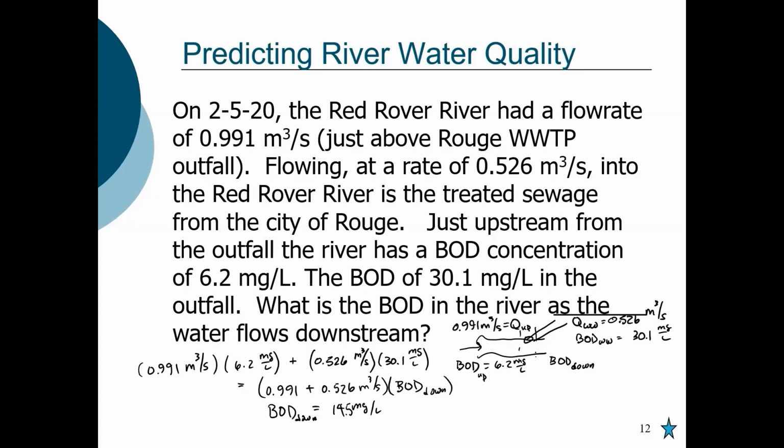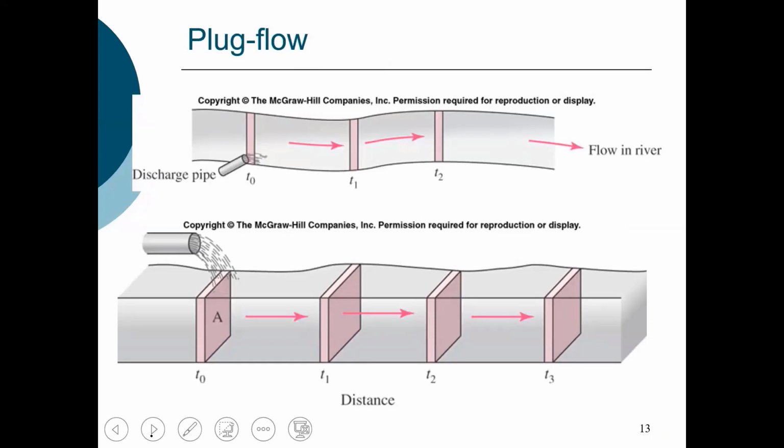We need to know that because what we're modeling then is in here, this parcel, we have a concentration of BOD equal to 14.5 milligrams per liter. So we're looking at what happens as that parcel moves downstream.